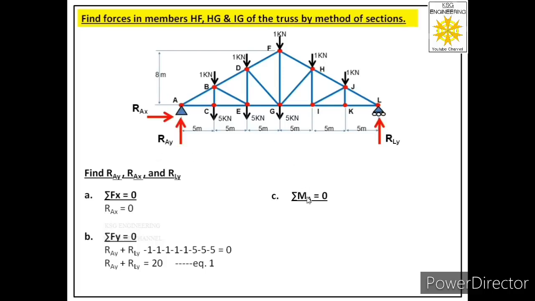But for this equation we have to find the moment because of the other 9 forces in the truss. So let us discuss these forces one by one.